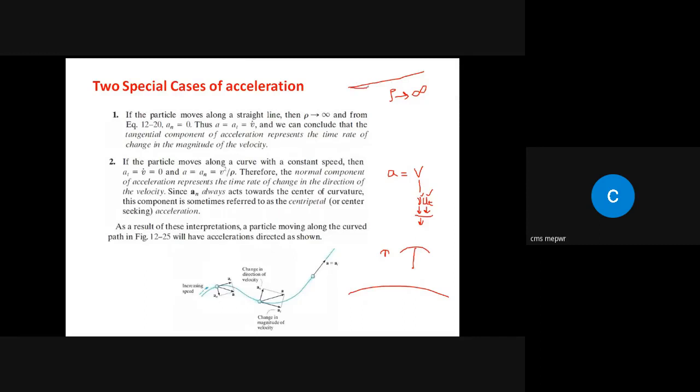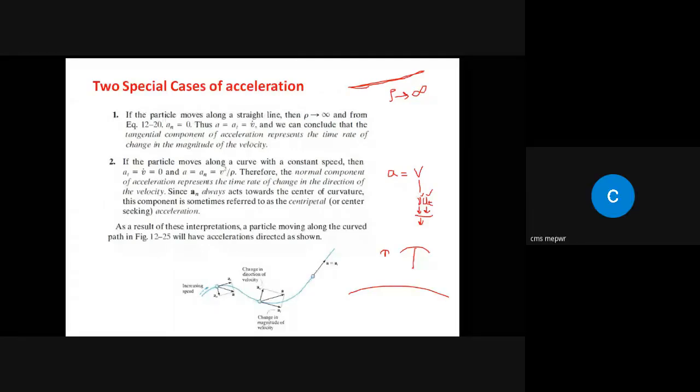So imagine a particle is moving along a straight line, which means its direction is not changing, but its magnitude is changing. For example, initially the velocity was 2 m/s, then 4, then 5, then 6, then 7. Or if initially the velocity was 5 and then it is reducing, still there is change. So if a particle is moving in a straight line, the direction is not changing but the magnitude is changing, so we will have acceleration.